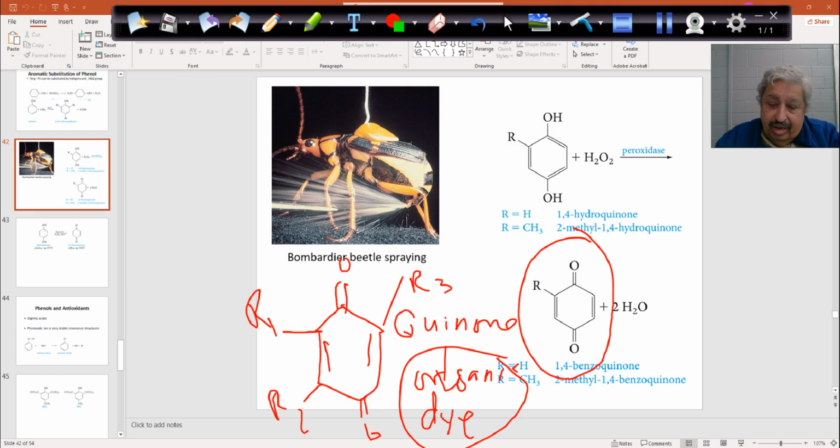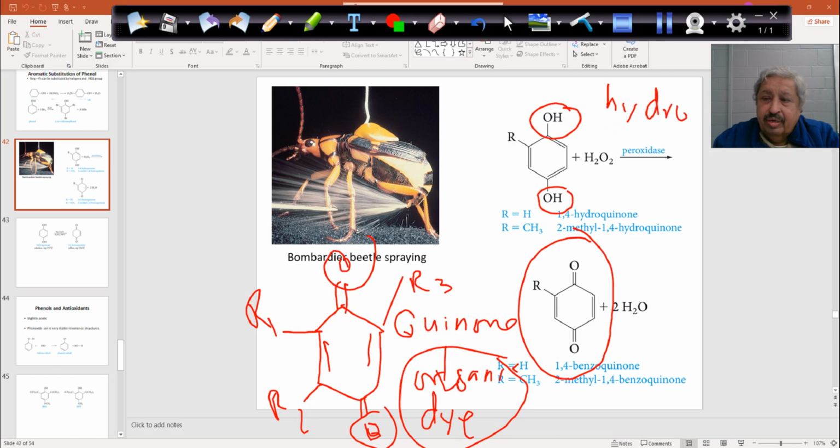If you have oxygen both here and here, that will be hydroquinone. Again, quinones and hydroquinones are very good for making organic dyes, and for making pepper spray to defend yourself, and that's what some insects produce in their body, correct?